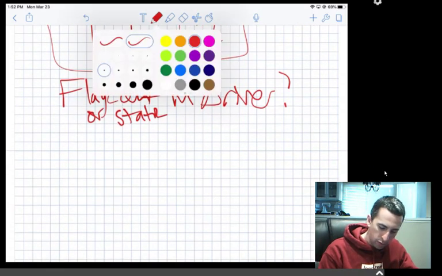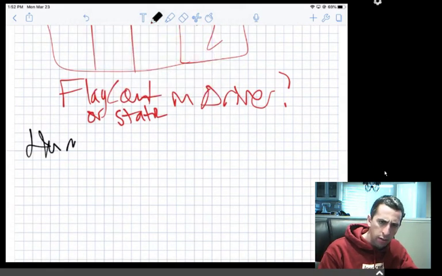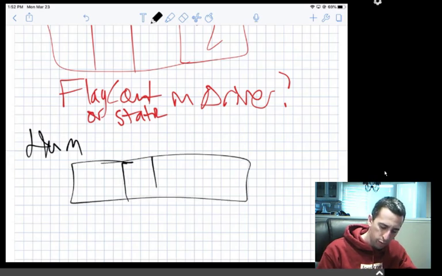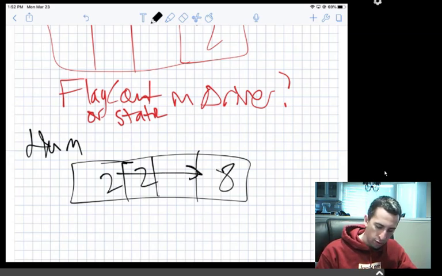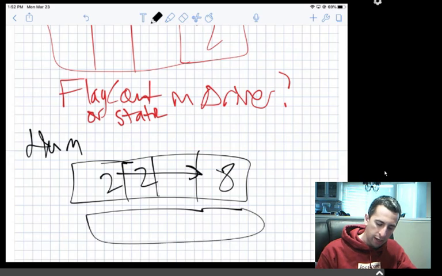Okay, so we can get to this. Ham Solo, what you're saying is this situation. You have a 2 and a 2 and an 8, and then those merge that way. And you're saying in that case, you get left with a 4 like that.